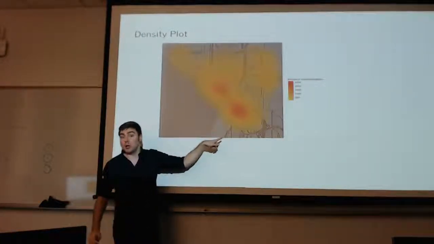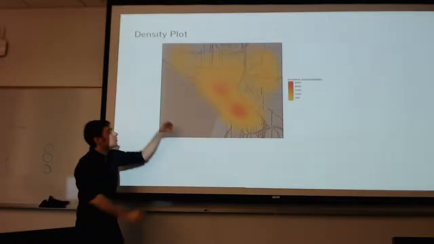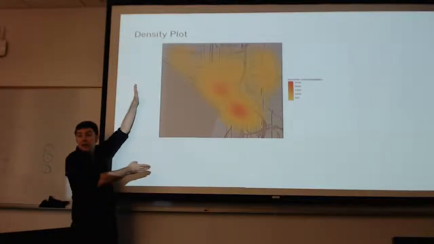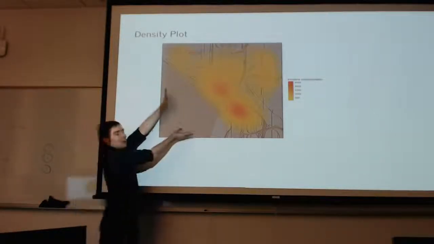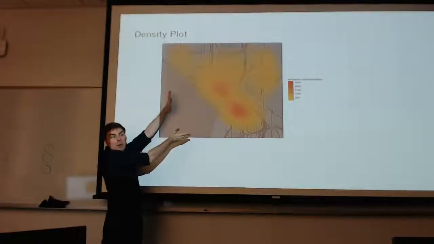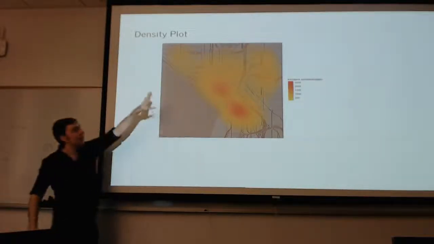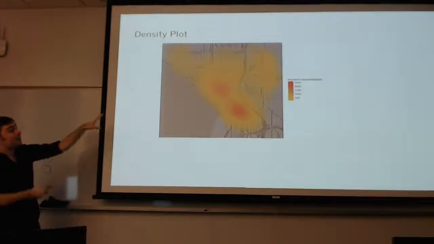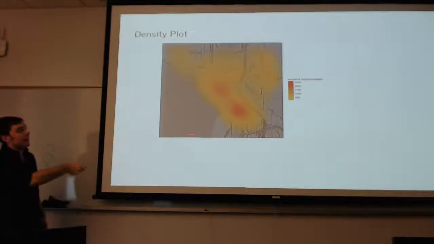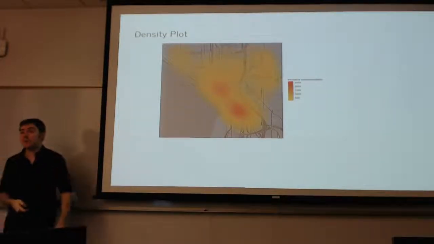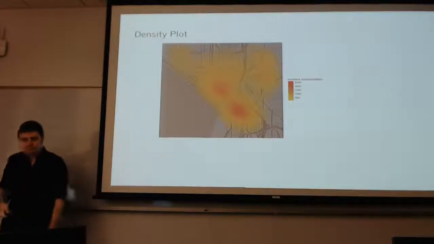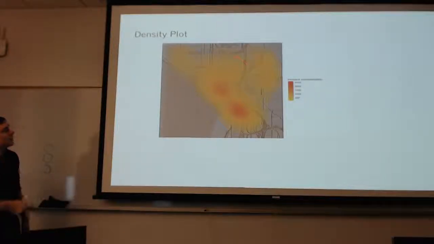A trick, if you don't want that to happen, is to actually subset your data wider than you want, and then at the end, clip it down. If that makes sense, sort of crop it down. But anybody who's familiar in any way with mapping this kind of stuff knows you're always not going to have reliable estimates of density on the edge of a space. It's just the way it works. We'll talk about that in the geospatial stats course a lot.